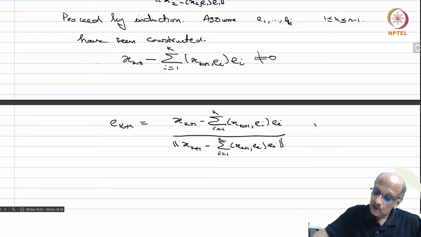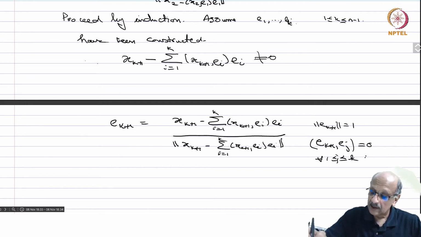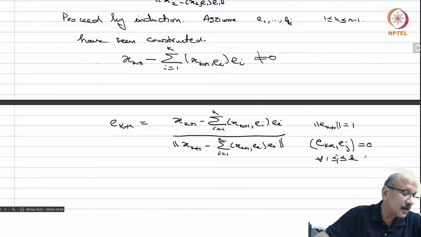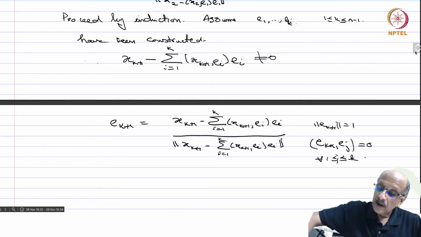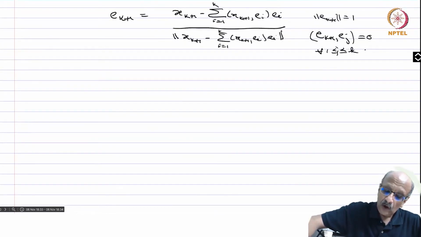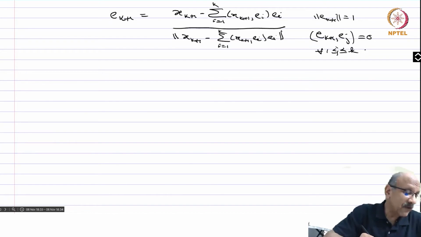So then the norm of E(k+1) is equal to 1, and <E(k+1), Ej> is 0 for all 1 less than or equal to j less than or equal to k. So the induction is complete, and therefore you can go on. This can be done for any n, and you can construct the orthonormal basis vectors.